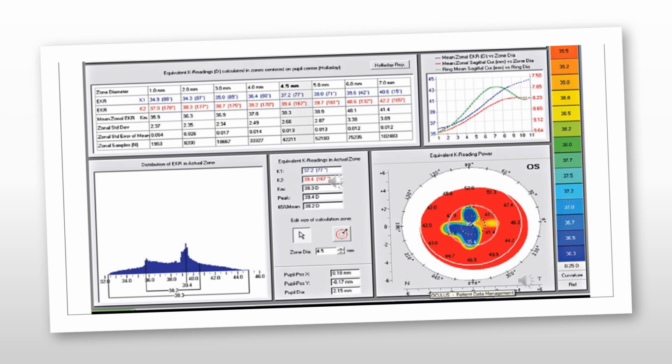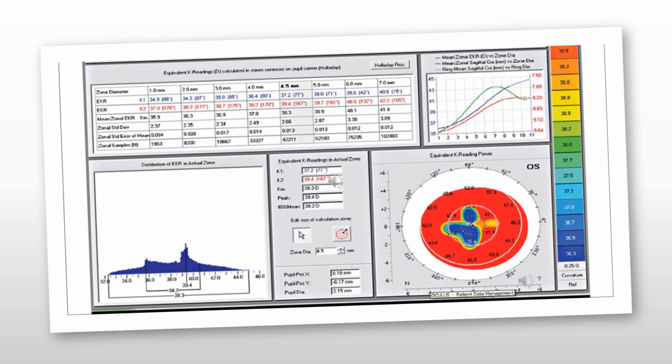So just to explain the EKR power map here, what you see on the top is the power maps, the readings related to 1 millimeter, 2 millimeters, 3 millimeters, 4 millimeters, 4.5, and so on and so forth up to 7 millimeters.